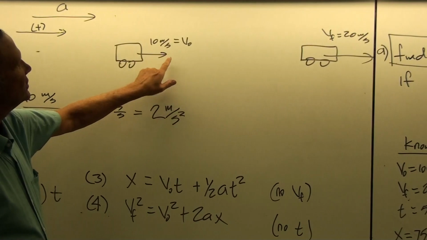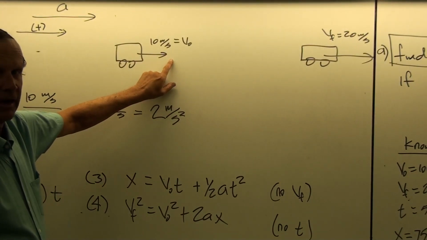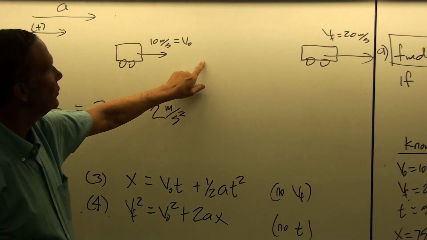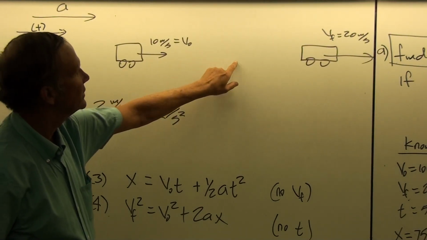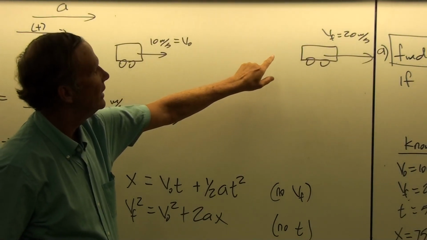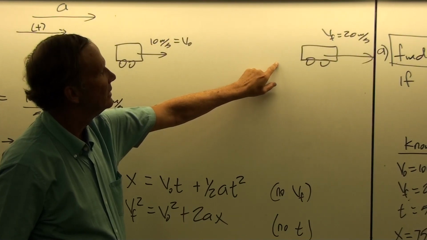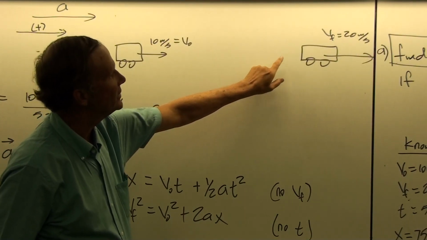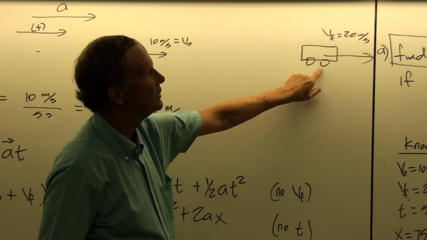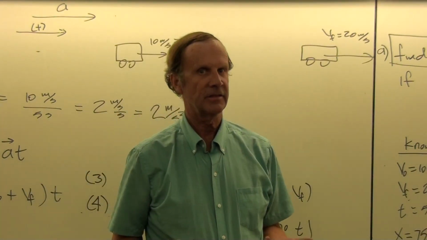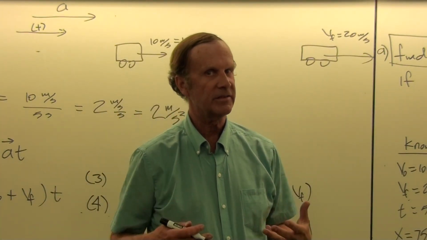So in the first second, we're going to go from 10 to 12, if it's 2 meters per second squared. In the second second, 12 to 14, and to 16 in the third second, to 18 meters per second in the fourth second, and then to 20 meters per second at the end of the fifth second. So yeah, it all makes sense.